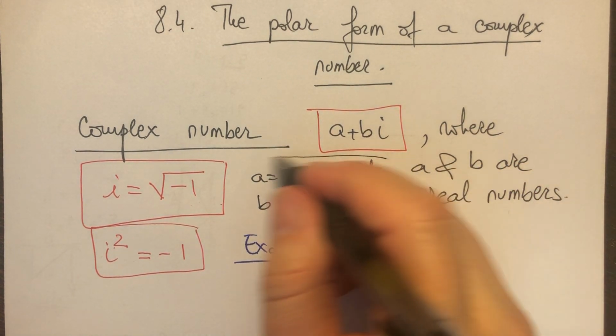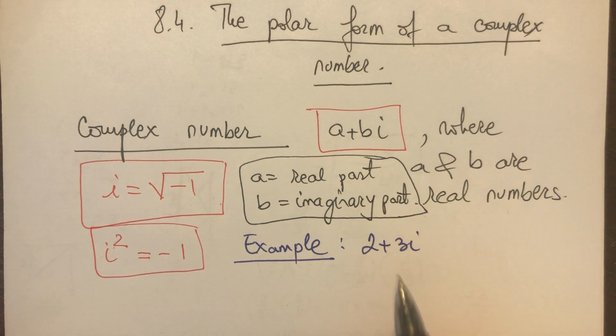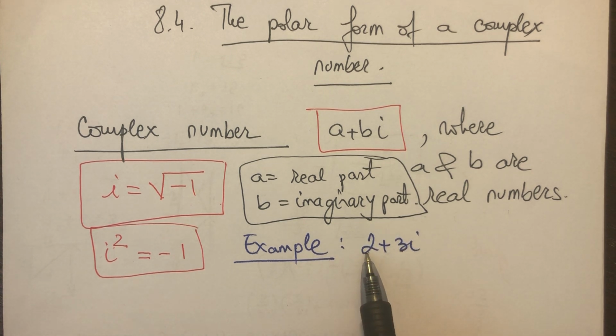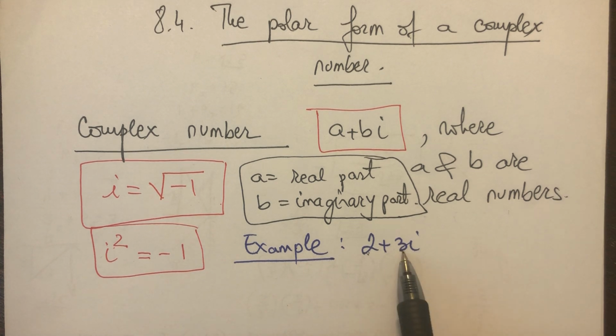This complex number has 2 real parts and 3 imaginary parts. In other words, we have 2 ones, where 1 is the real number unit, and 3 imaginary parts because i is the imaginary unit.